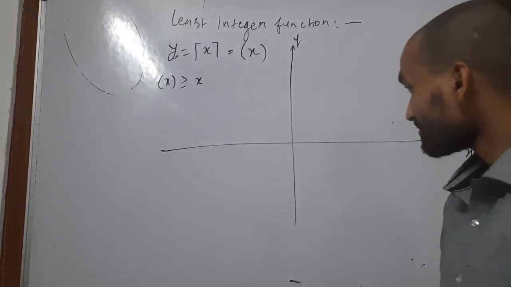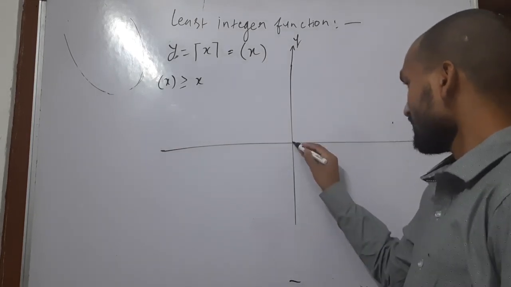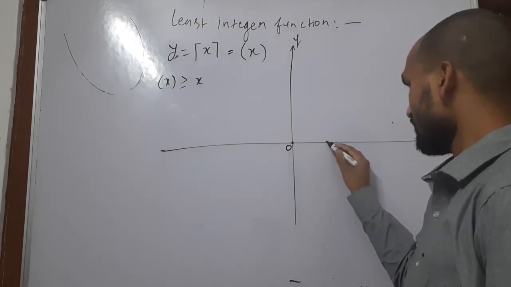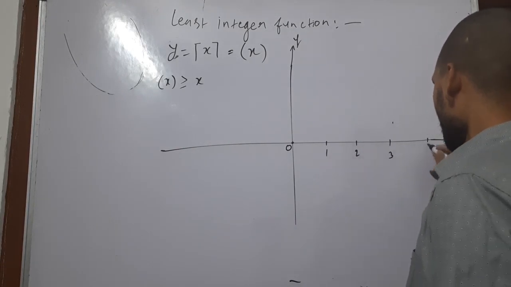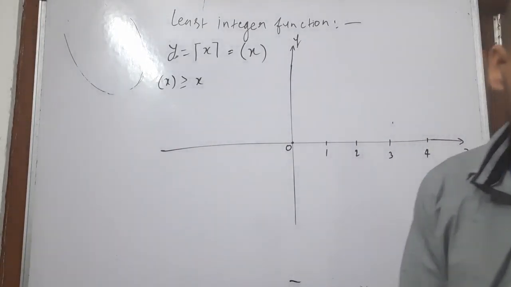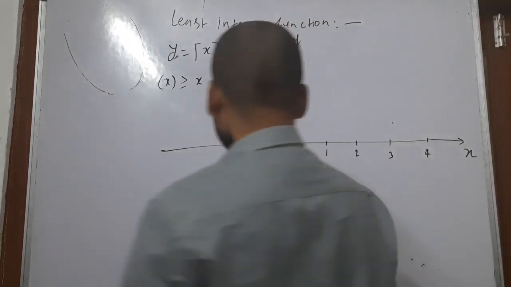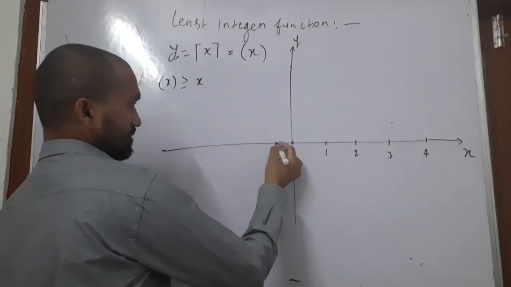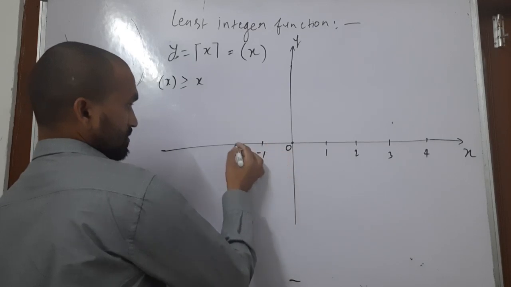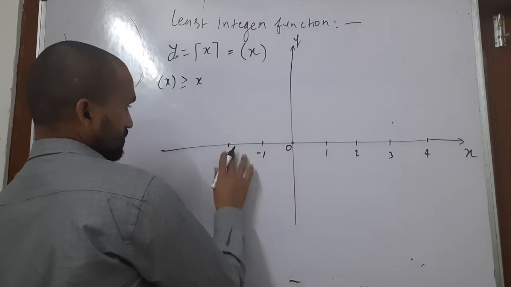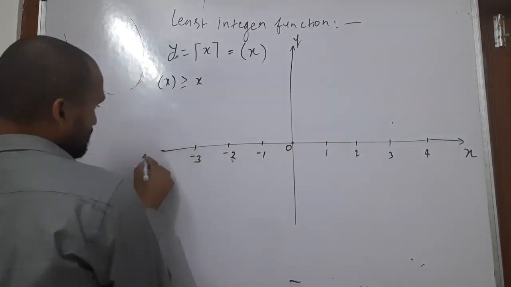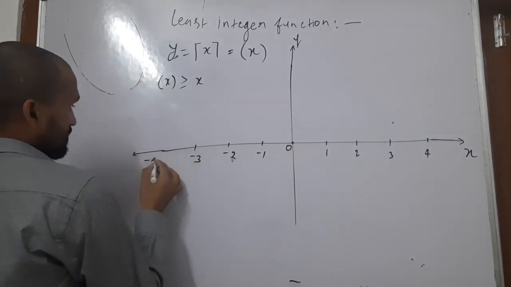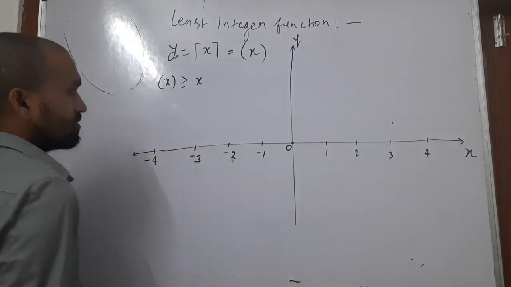We take here 0, 1, 2, 3, 4, and then -1, -2, -3 and -4.